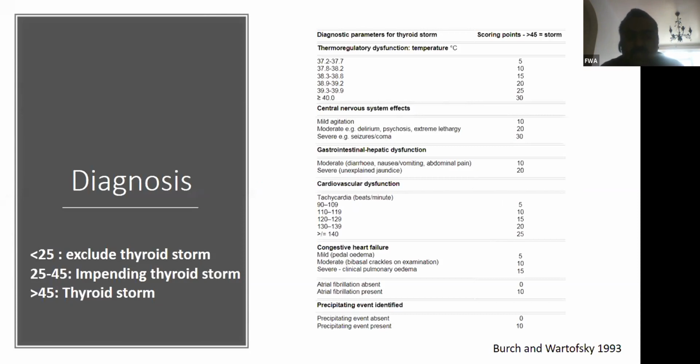If the total score is less than 25, patients do not have thyroid storm. Patients presenting with a score of 25 to 45 are en route to developing thyroid storm, but haven't got thyroid storm. Almost all of the patients I've seen are in this area.